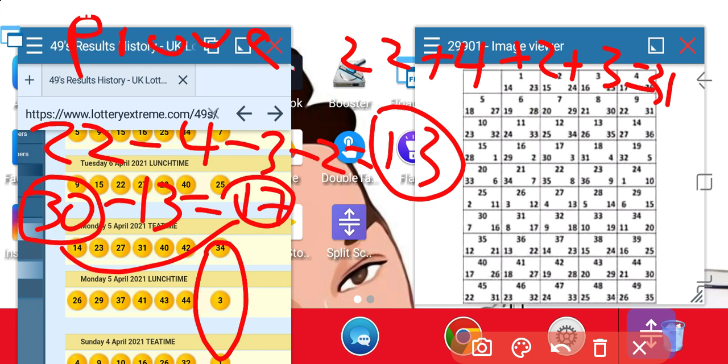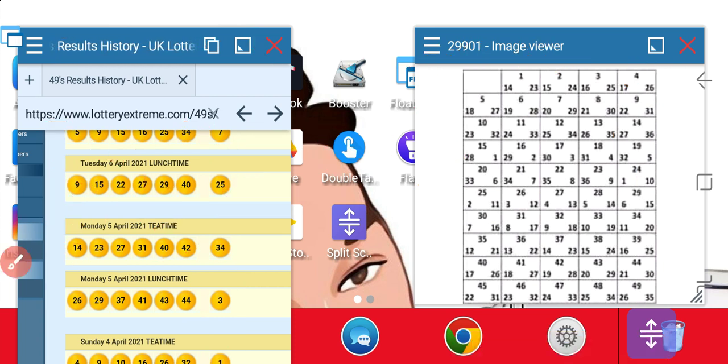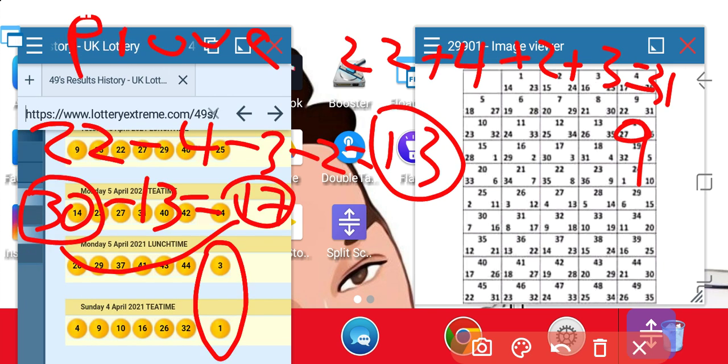Our first answer was 9. We want to have the sum of these numbers, but after we got the sum, we have to get one of these numbers. Okay, let us go on it.